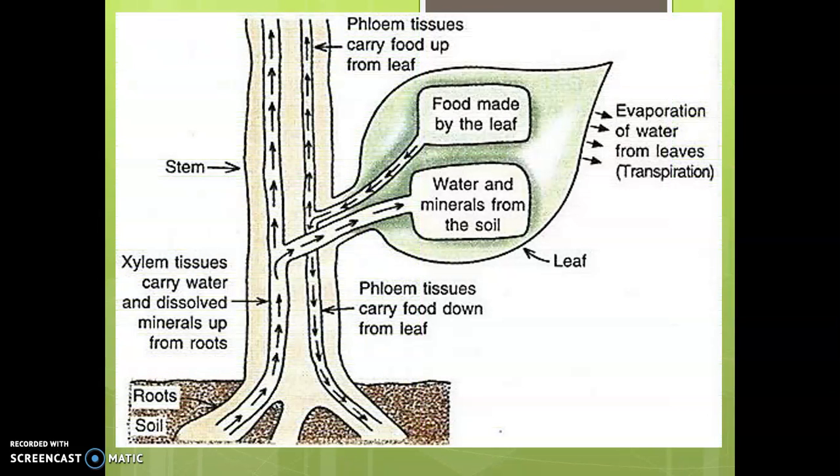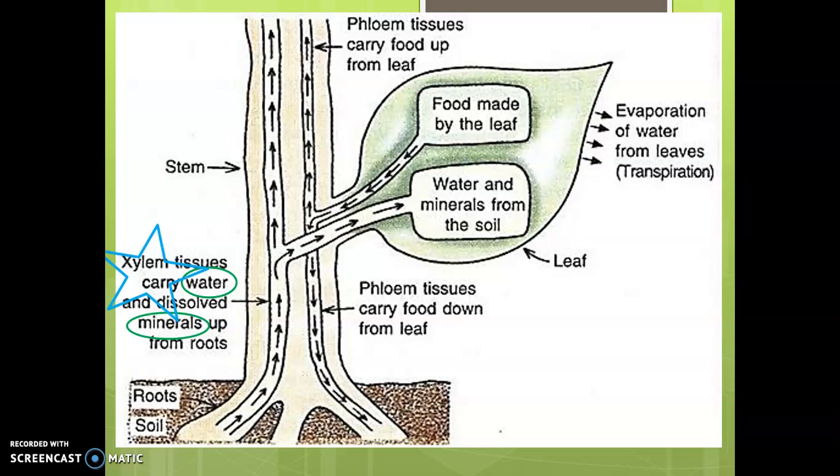In this diagram, we can see clearly how the water and minerals are transported from roots to other parts of the plants and how food which is produced in the leaf through photosynthesis is carried from leaves to other parts of the plants. Firstly is the xylem.